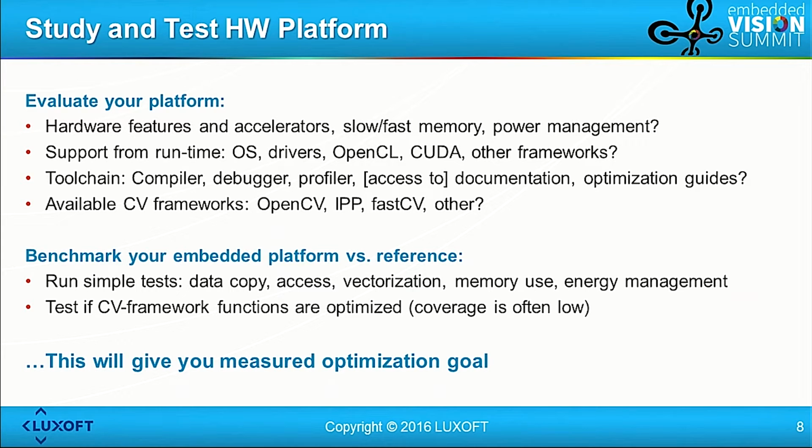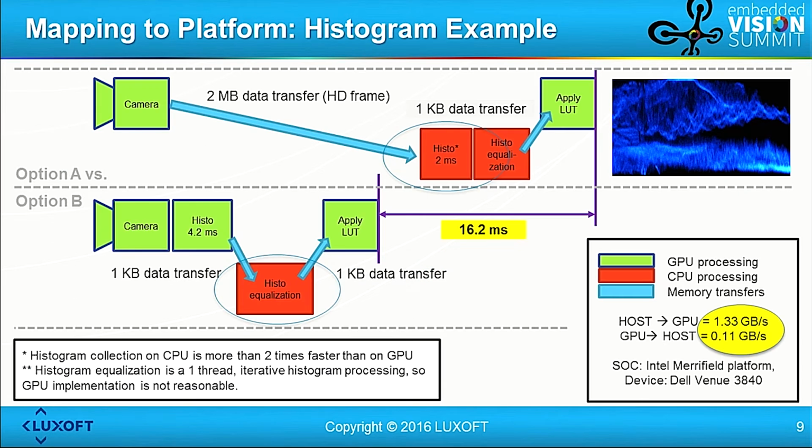Compare the performance of the same operations, especially memory transfers, because a typical embedded platform has more types of memory and more heterogeneous compute cores. Benchmark your compute performance, and this will give you numbers that you need to stick to when you do your optimization project.